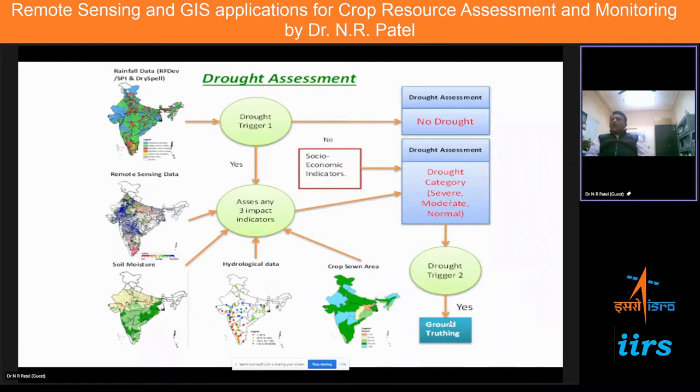This is a new manual which is being practiced nowadays. Many states have implemented it online. Those who don't have access to information can visit the MNCFC site, where you can get all this NDVI data set. You can get the rainfall data set for your district, and you can do this kind of drought monitoring and finally get the drought indicator.